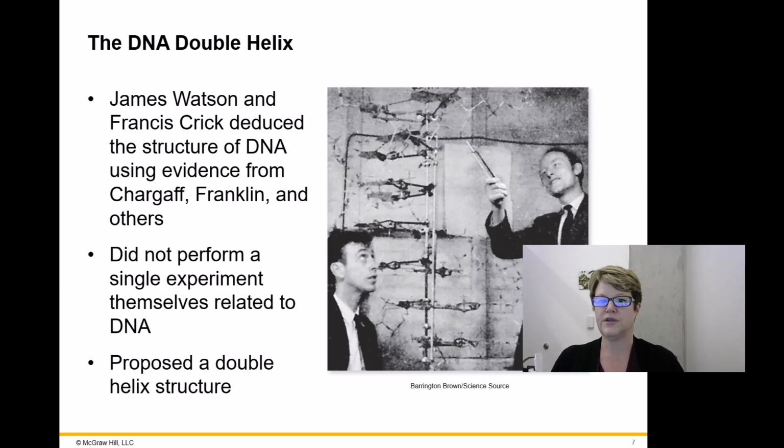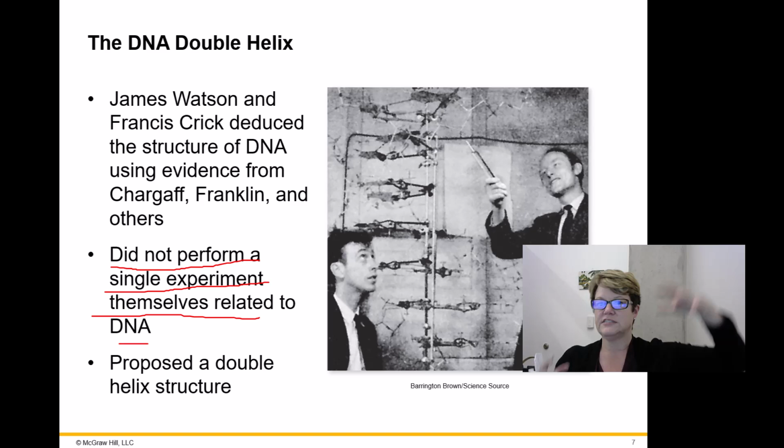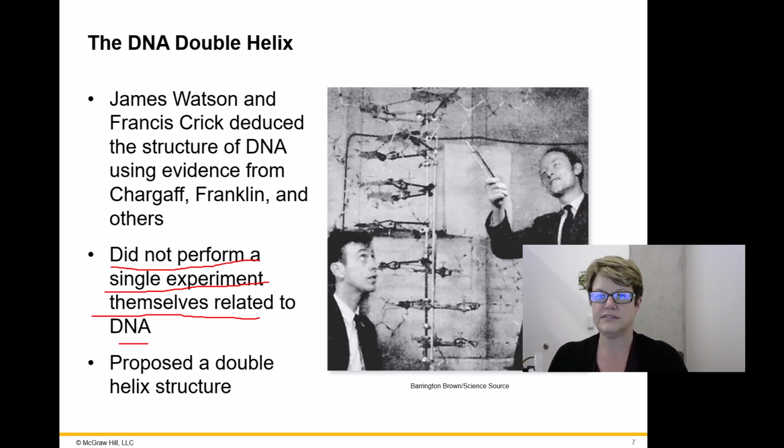Actually, Watson was American, but he was working in England, and Crick was British, and they went around and talked to people and gathered information. They did not perform any experiments on their own, but they were able to put together a whole bunch of data, and then they would go back to their lab and build these models using materials in the laboratory, trying to build these models to scale and see if the measurements made sense.